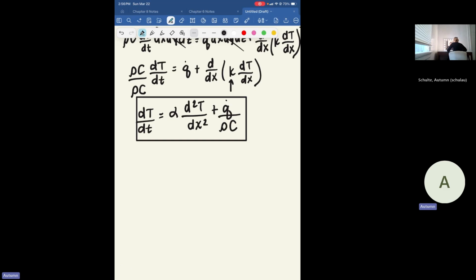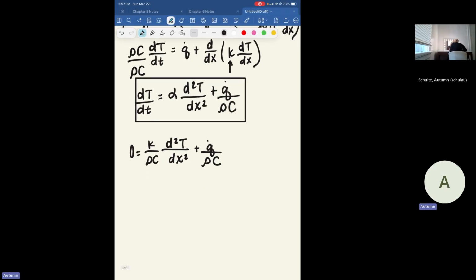And now we're going to jump into an example where, let's say we have no energy storage rate, but we do have energy generation rate. So that would look like 0, if we cancel out our energy storage, is equal to alpha, which I am now going to change back into k divided by rho c, and you'll see why in a second, multiplied by the second derivative of temperature with respect to x, plus our energy generation rate divided by density times heat capacity.